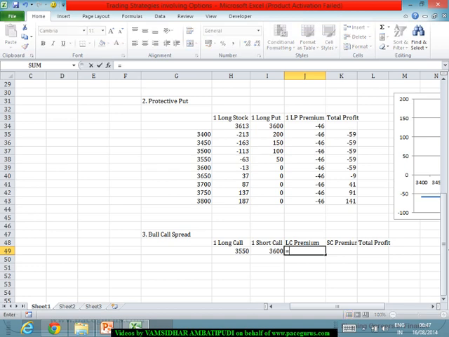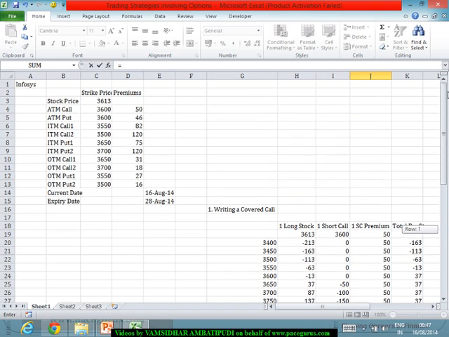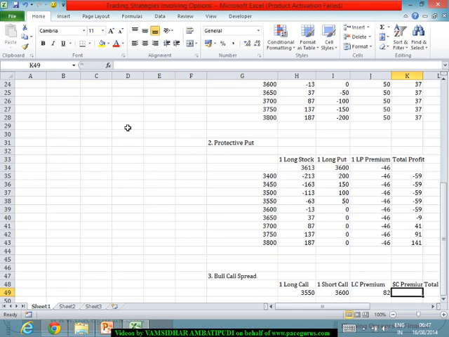The long call premium for the 3,550 call was 82, and because it's a long call, it's a cash outflow, so 82 is the payment.